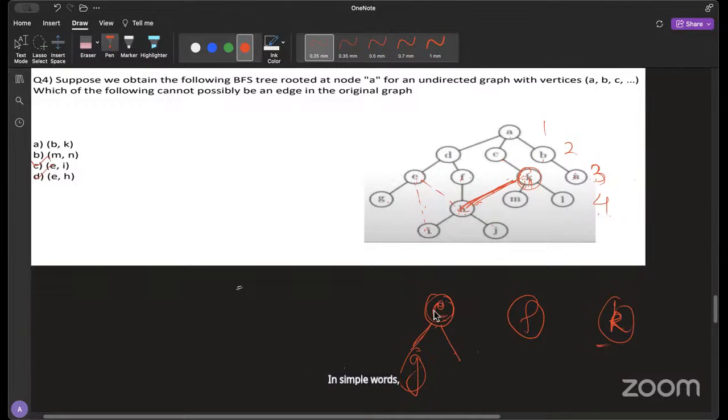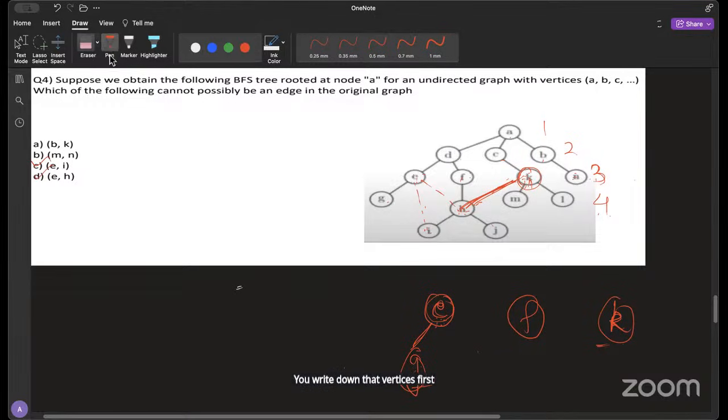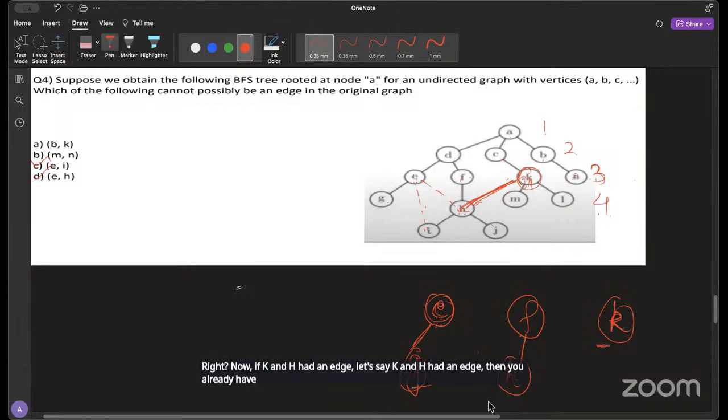In simple words, E needs to be explored first. Exploring E means writing every vertex that is directly connected to E, that has an edge with E. So you write down those vertices first, then you come to F. Then you write down every vertex that has a direct edge with F, and then you come to K, right? Now, let's say K and H had an edge. Then you have already mentioned H here.